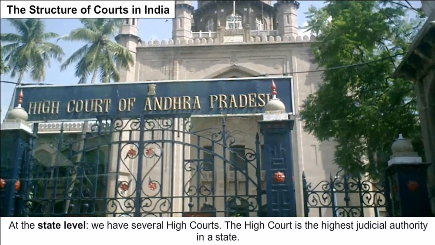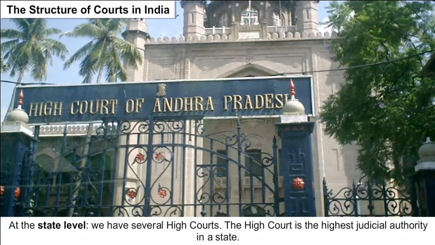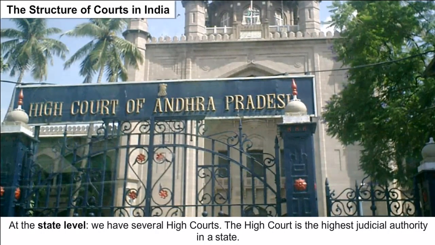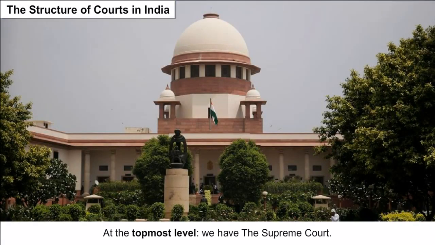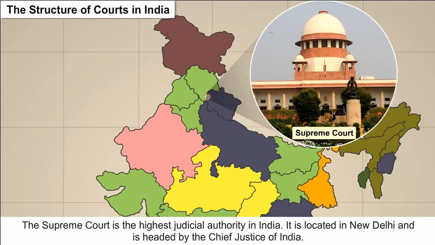At the state level, we have several high courts. The High Court is the highest judicial authority in a state. At the topmost level, we have the Supreme Court. The Supreme Court is the highest judicial authority in India.